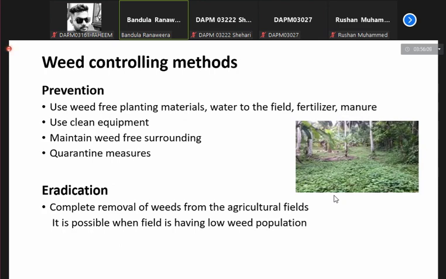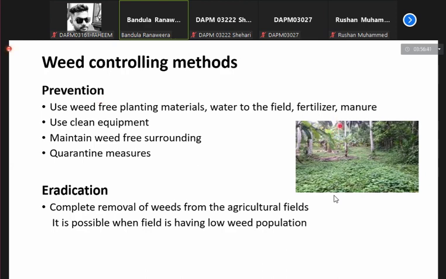When we think about weed management, the most important thing is prevention of the weed problem, because once a weed has been established in our field, it starts the absorption of nutrients and other resources from the cropping system.